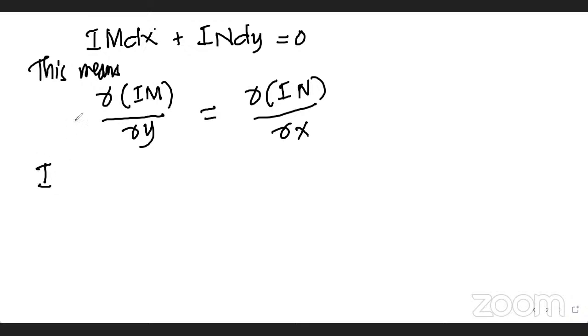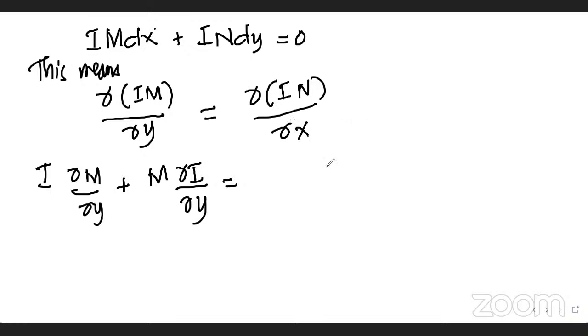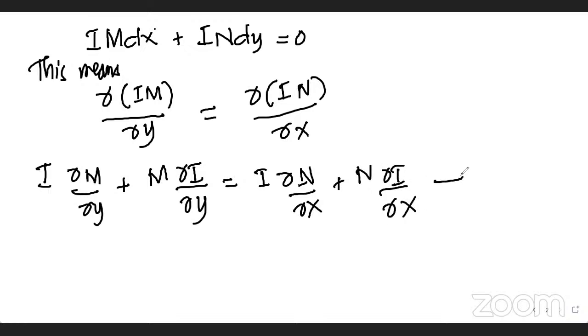So I, partial derivative of M with respect to y plus M times partial derivative of I with respect to y is equal to, now differentiating I times N with respect to x, we have I, partial derivative of N with respect to x plus N times partial derivative of I with respect to x. Now let this be our equation number 2.